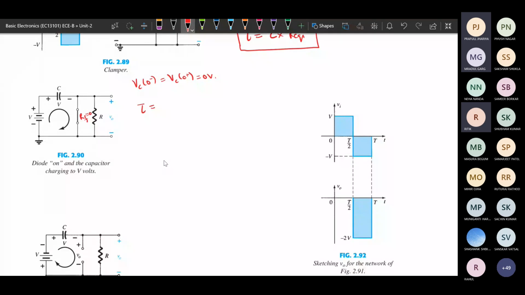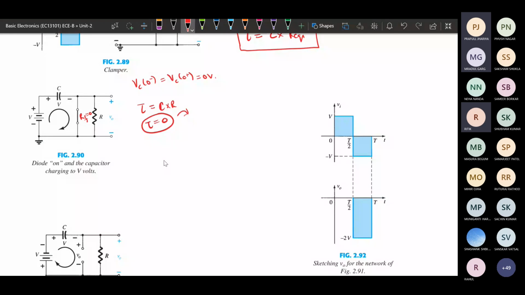So the equivalent resistance will also be 0, and tau will be C into R. R is here basically 0, so tau is 0, which means the time constant is 0.